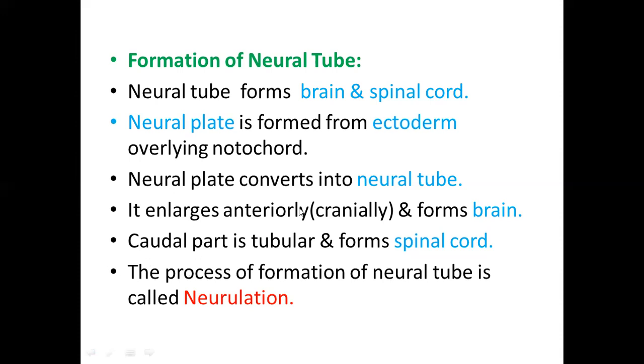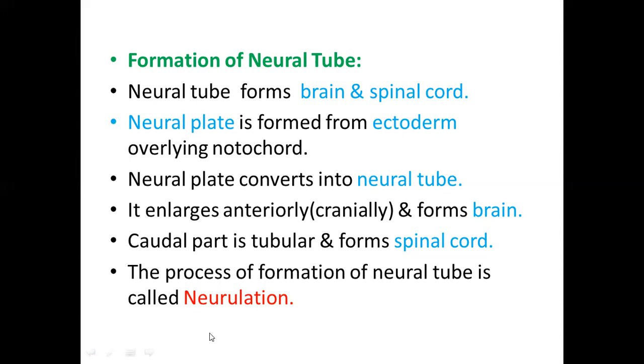It enlarges anteriorly, embryologically we say cranially, meaning anteriormost, and forms the brain. The caudal part is tubular and forms the spinal cord. So in this way, from the neural tube, two important structures form: most cranially, the brain, and most caudally, a tubular structure, the spinal cord. The process of formation of the neural tube is called neurulation.